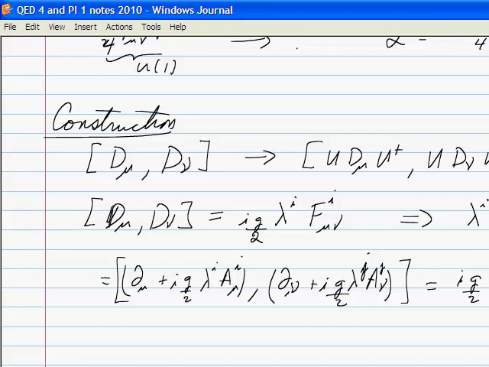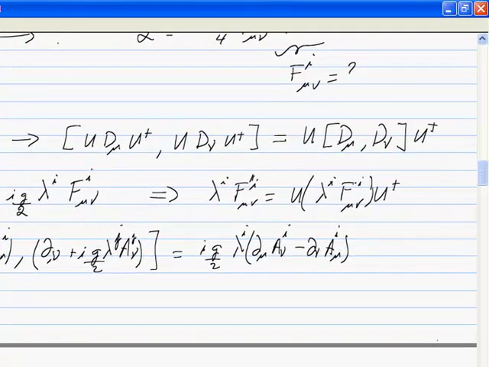Okay, so you have these pieces from the derivatives acting, and then the second piece is i g over 2 squared, lambda i A mu i commuted with lambda j A nu j.